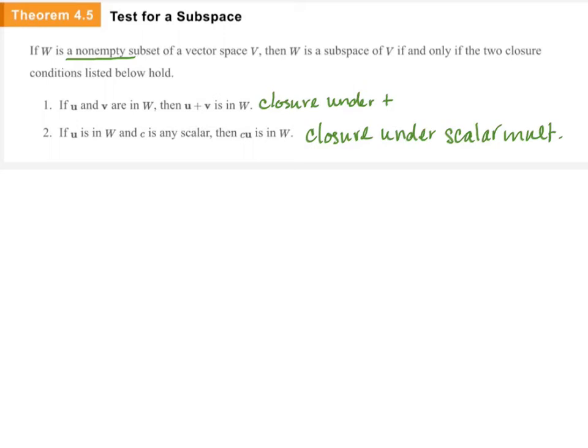So for example, if you want to know if the subset contains additive inverses for every element of the subset, but you already know it's non-empty, you already know it's closed under addition and scalar multiplication, Theorem 4.4, property 4, which you are going to prove in your written assignment, says that the additive inverse of a vector in a vector space always turns out to be the scalar -1 times the vector, right?